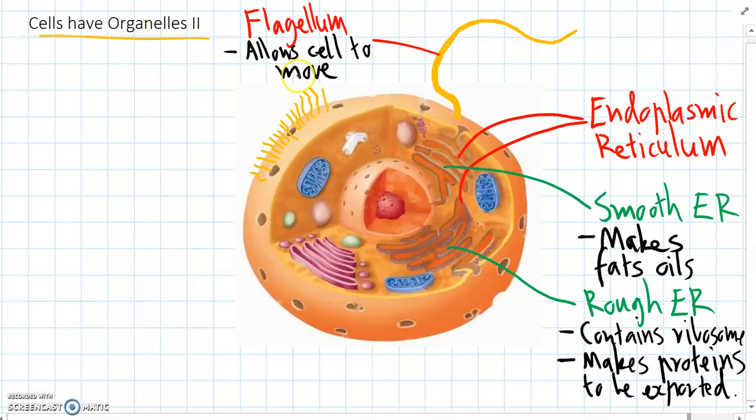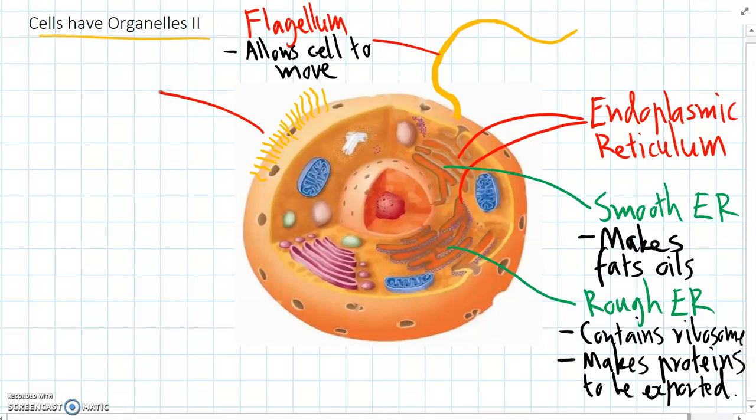So it allows the cell to move. And not many cells have a flagellum, but some plant cells and some animal cells, like sperm, which we find in male animals, they still have a flagellum. And a lot of protists still do, because that helps them swim through the water.